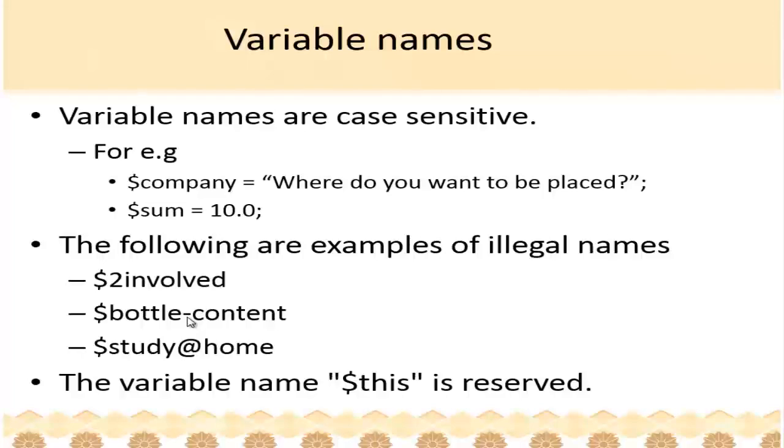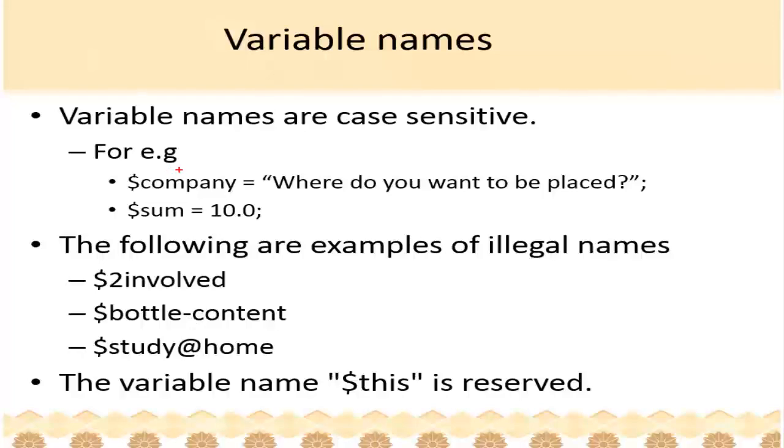Use the underscore as a separator instead, because if you are using that information in an expression which involves addition, subtraction, and so on, it will be confusing to anybody reading it, whether you are subtracting or it is actually a variable. Also, the last one is obviously out, because there is a special symbol which cannot be used.